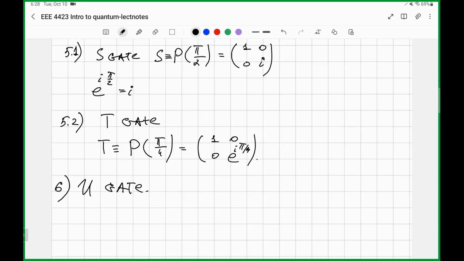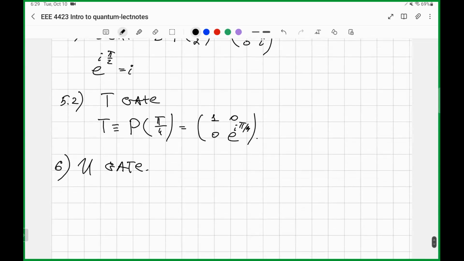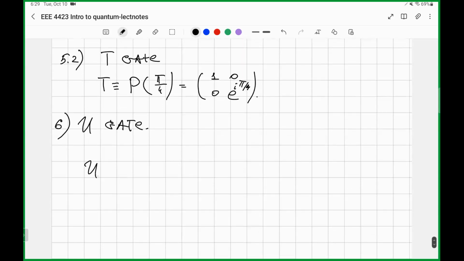The U gate is basically the way you can generalize all these single qubit gates. If you introduce three parameters like theta, phi, and alpha, you can generalize all the gates we discussed so far with just one matrix.